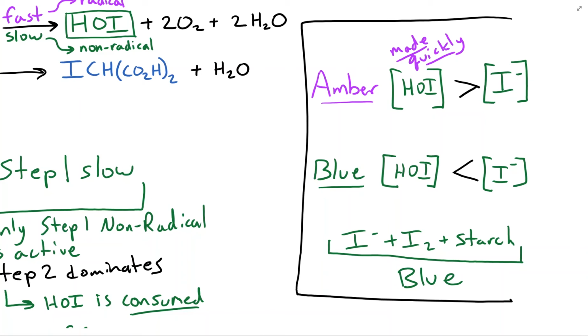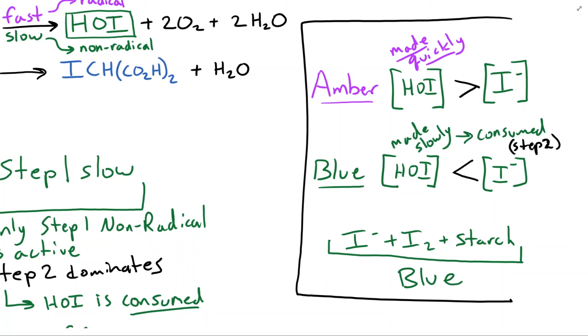Well, we notice that the HOI is made slowly when the non-radical mechanism is going, and actually really the secret here is it's consumed by the step 2 process, which is now even quicker than step 1 can make it by its slow non-radical mechanism.